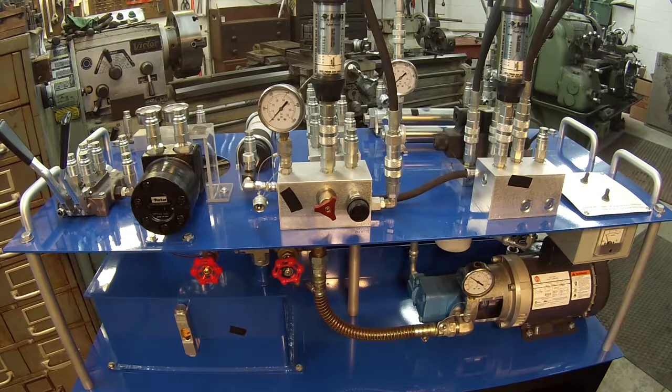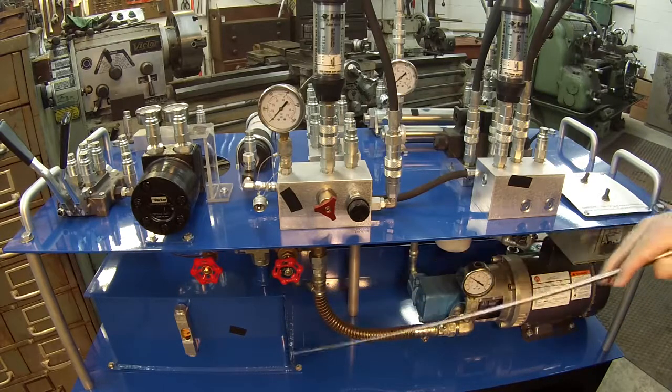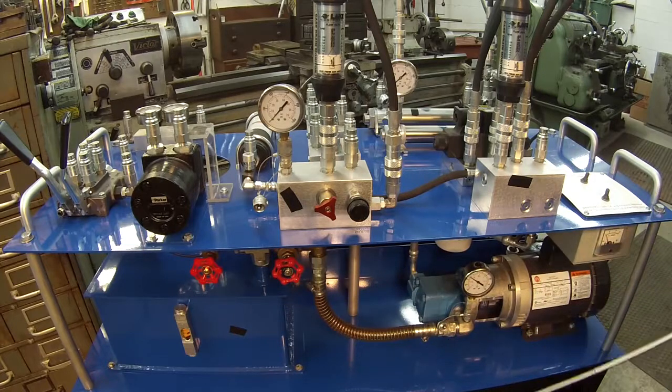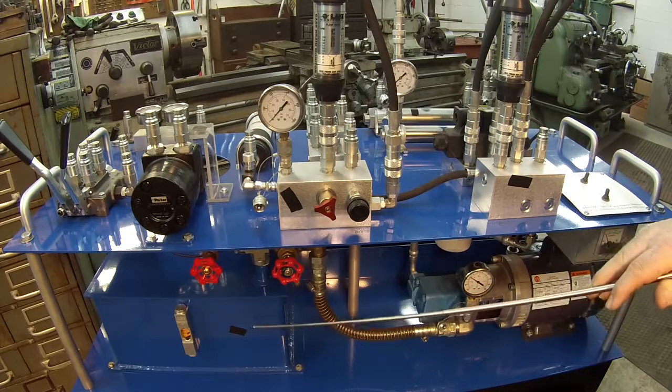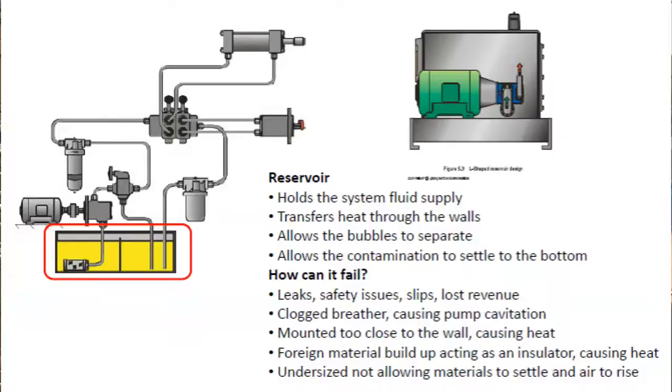The first thing we want to talk about is the hydraulic reservoir. A lot of people think that the hydraulic reservoir is just a dumb square tank that holds oil, but it really does several other things. I want to make sure that people understand that. The function of a hydraulic reservoir is it holds the system fluid supply, it transfers heat through the walls, and it allows bubbles to rise to the top.